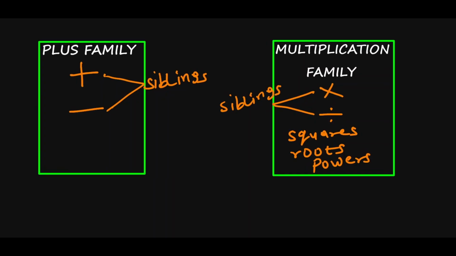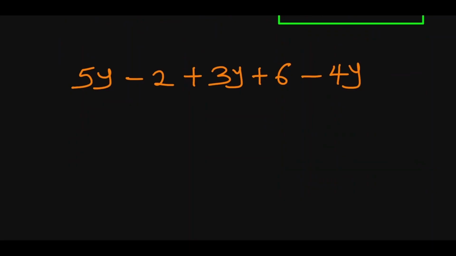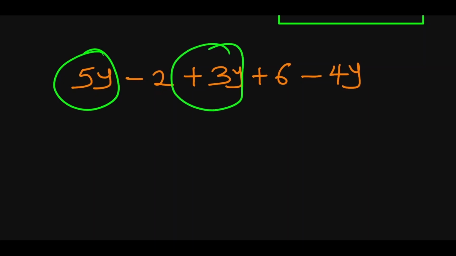Now, let's take an example to make it clearer. Look at this expression on your screen. We are going to apply the two laws we've talked about. The first thing, to collect like terms, we have to identify them. 5y. Now we're identifying them with their operators. Remember what we said in the first rule. Then plus 3y and minus 4y.